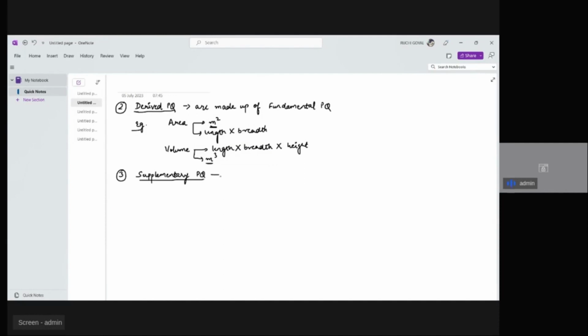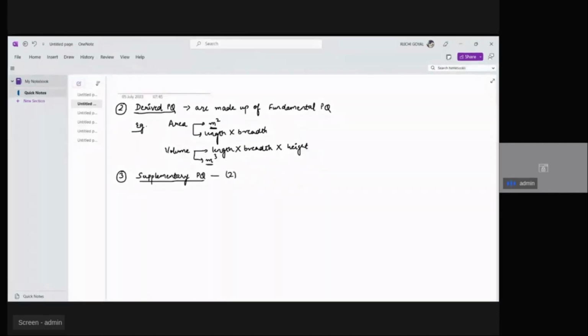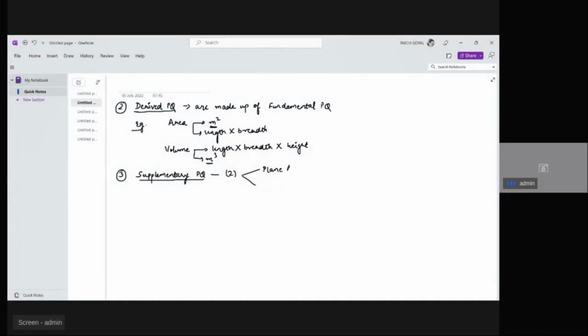So these are fixed. There are two supplementary physical quantities. What are these two? First one is plane angle, or we can say angle. We denote this angle by theta. How will we denote it?